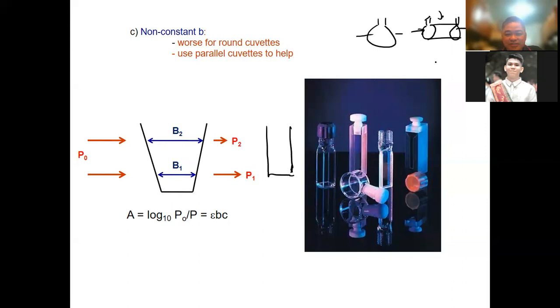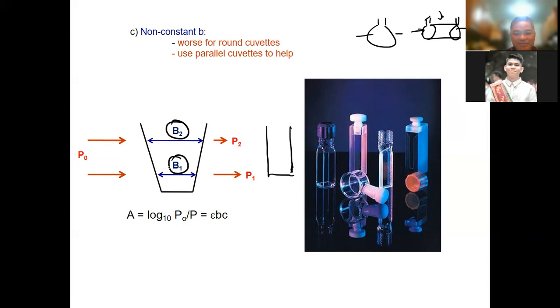Okay? So as much as possible, you want to use what we call the parallel cuvette. Ito parang ano to eh. Parang pag nag-iinuman kayo, nilalagay tapos sa maliit. So the path length in B2 is much higher than the path length in B1. And that's not good.